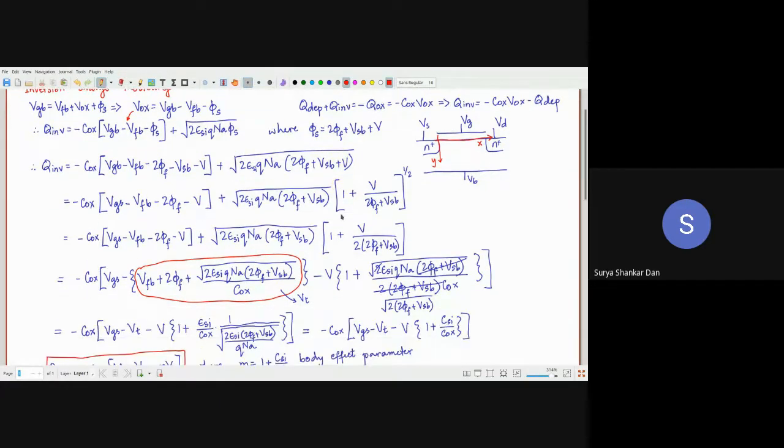But where it is getting changed is here. Notice in our previous approach, we simply put one integral here. Remember, Q inversion dV. Now, in the previous lecture, let me show it.